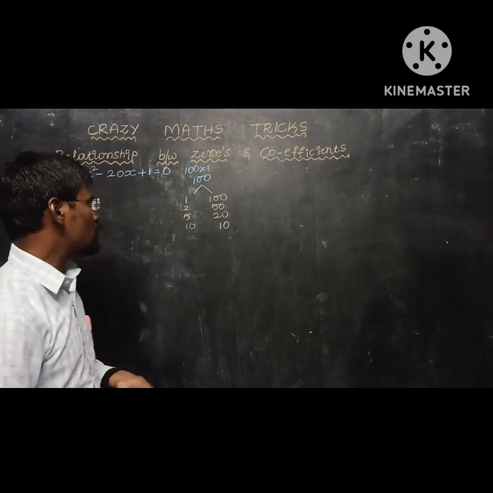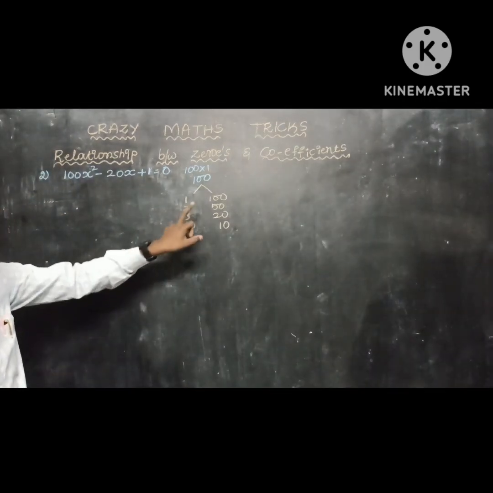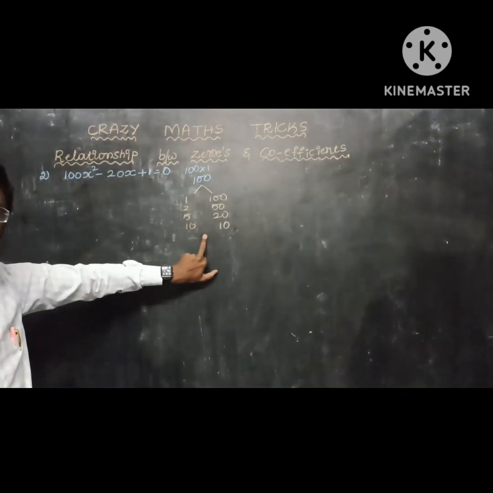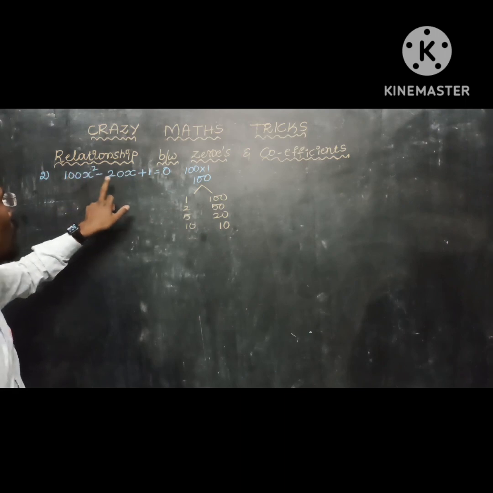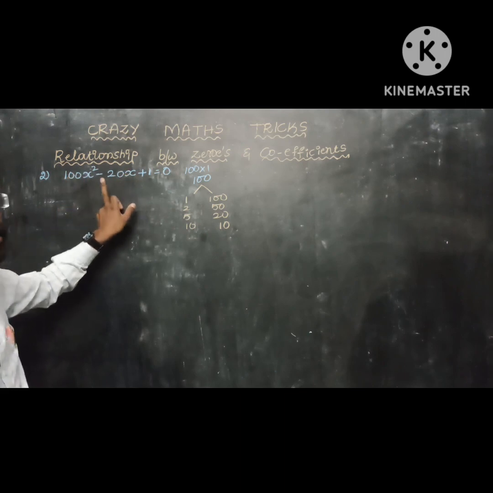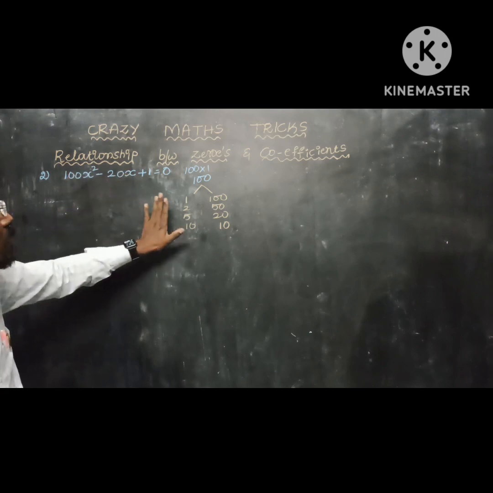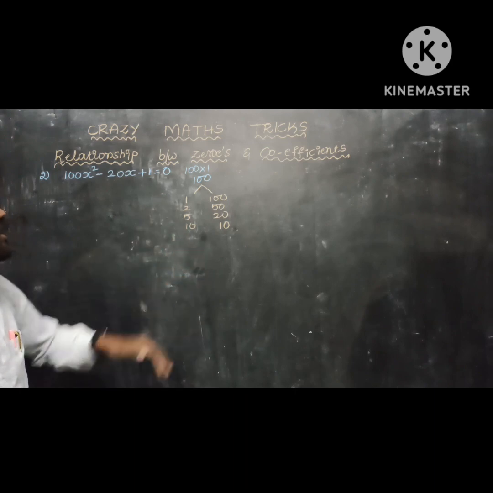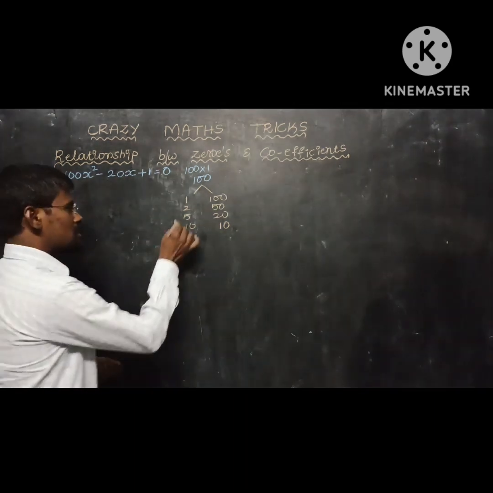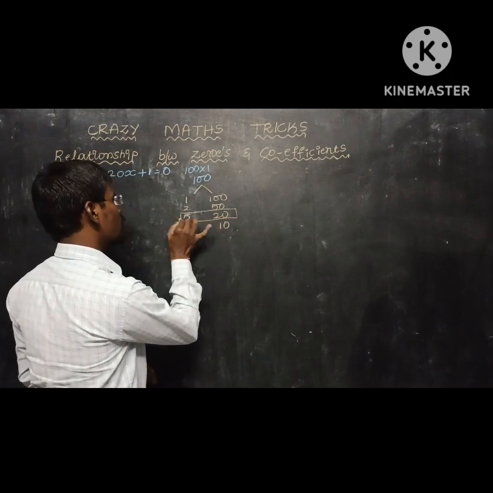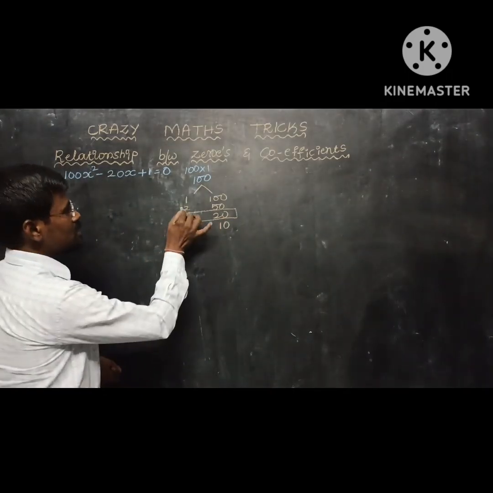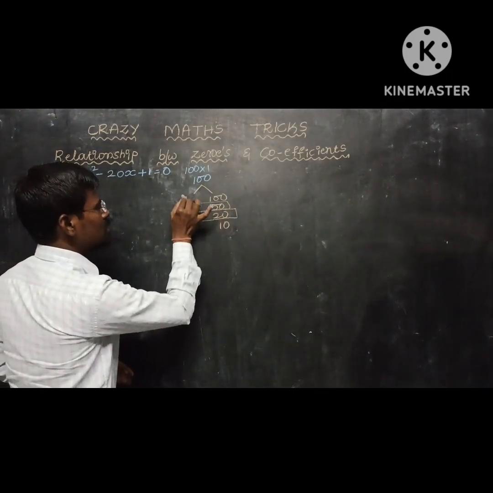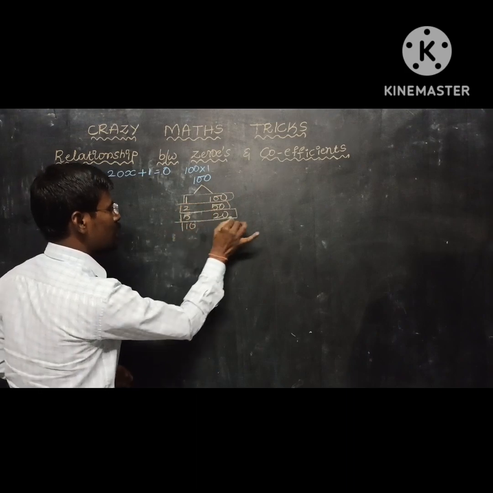After that, what do we have to identify? If we add or subtract, we need to get the coefficient of the x term. See here, some can say, sir, 20 minus 5 is there, next 2 and 50 is there, 1 and 100 is there, 10 and 10 is there.